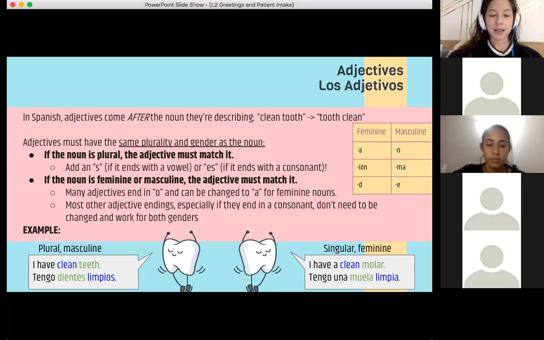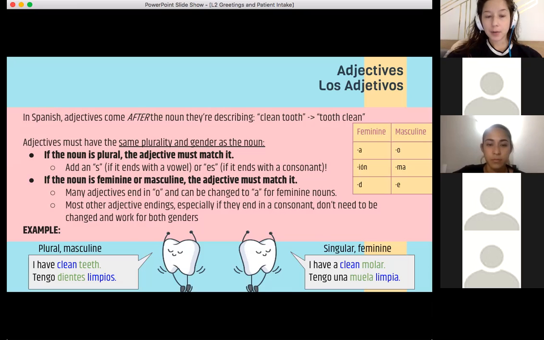And if the noun you're trying to describe is feminine or masculine, then you must change your adjective to match it. And as a reminder, we have the table on the right telling you the general rules for noun endings. You know a noun is feminine if it ends in a, ión, and de or d. And you know it's masculine if it ends in o, ma, or e.